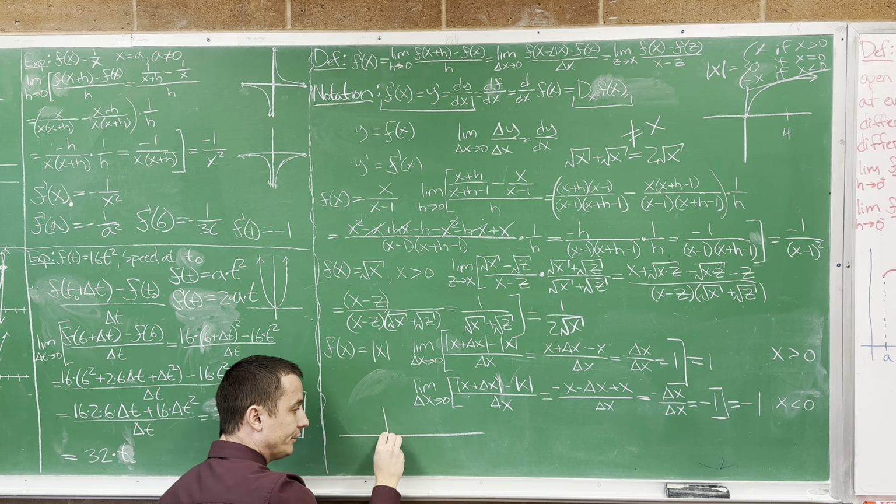Which definition do you want to use here? Oh, so we're doing it at a point. I'm just going to do this one. You okay with this? So the f of x and the f of c. We have x approaching 0, so 0 is going to be a stand-in for our c. It is equal to the square root of x minus the square root of 0, all over x minus 0.